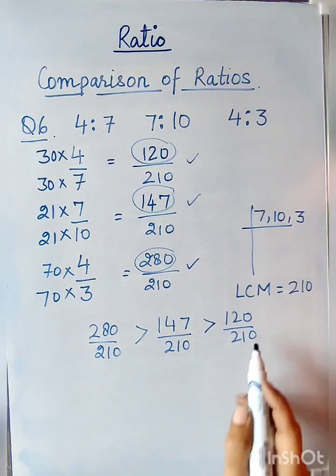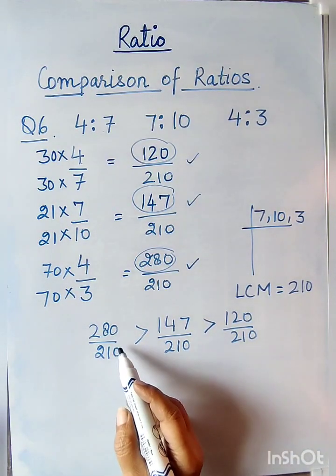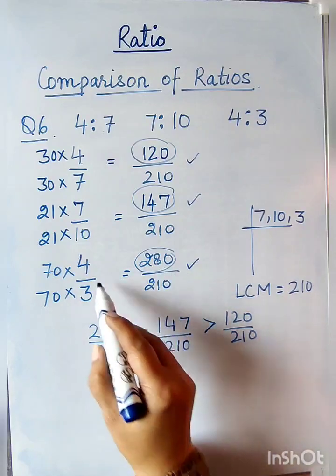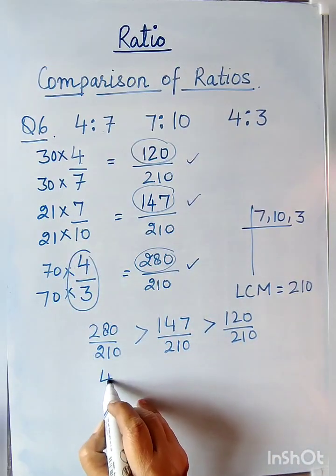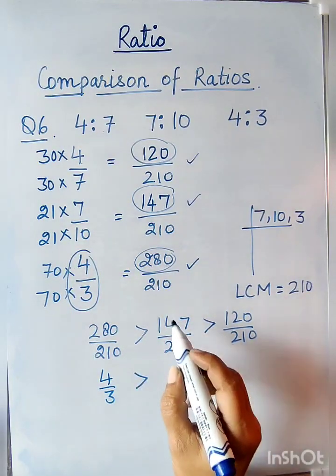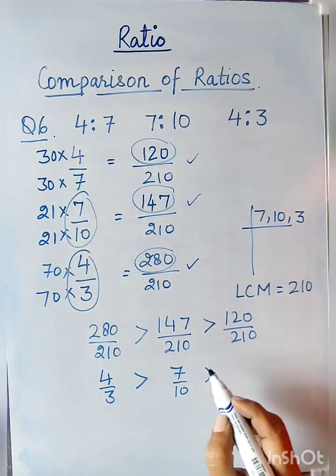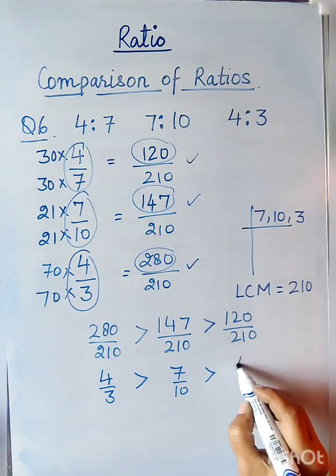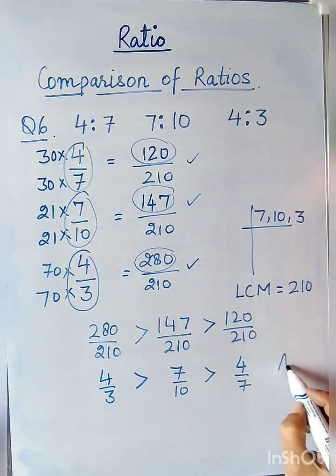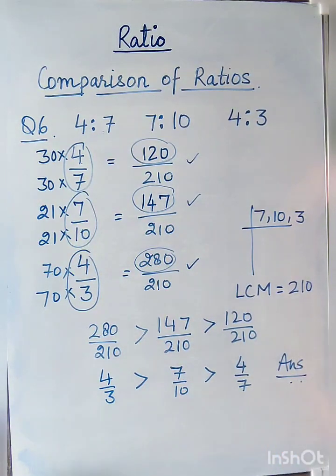So this is the descending order, and I will write the respective fractions. 280 by 210 was 4 by 3, which is greater than 7 by 10, and 7 by 10 is greater than 4 by 7. So this is the required answer in descending order.